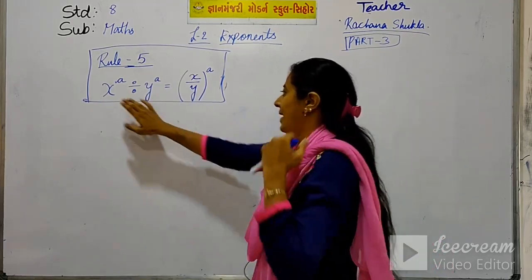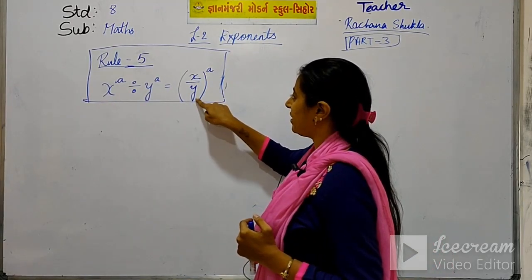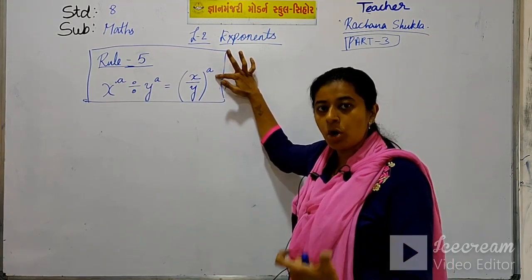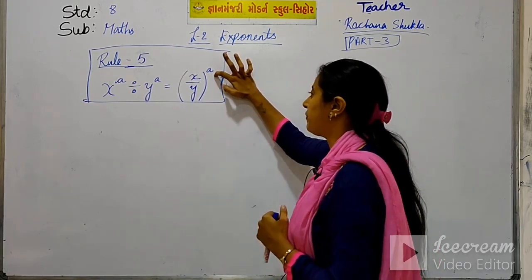So x and y will be divided and the power will remain as it is, that is the common power A. This is rule number 5.